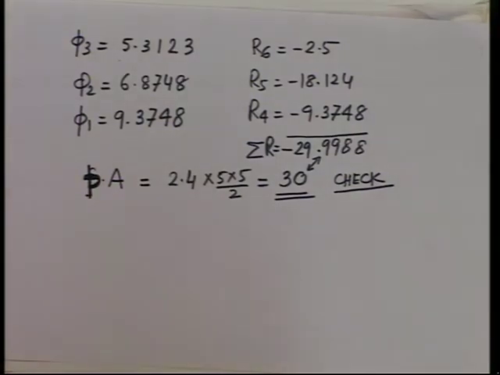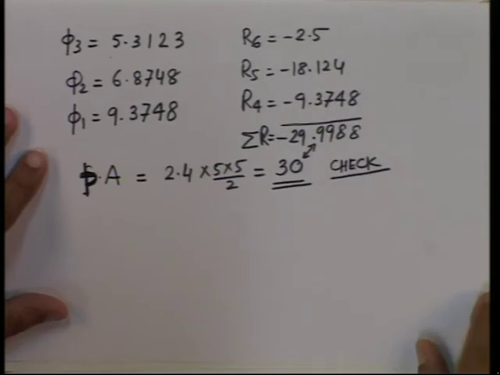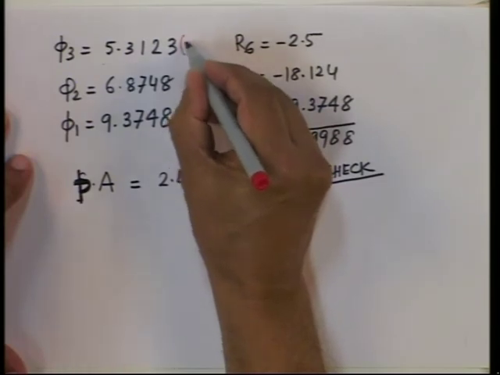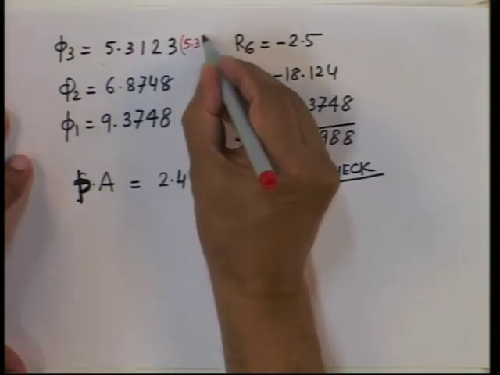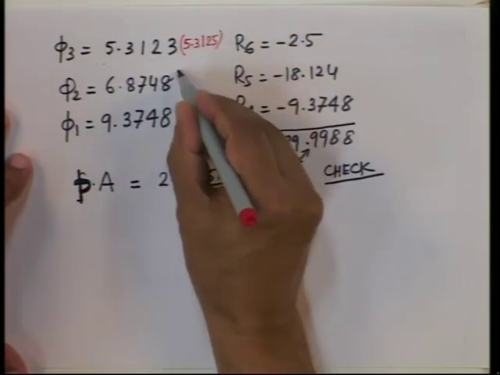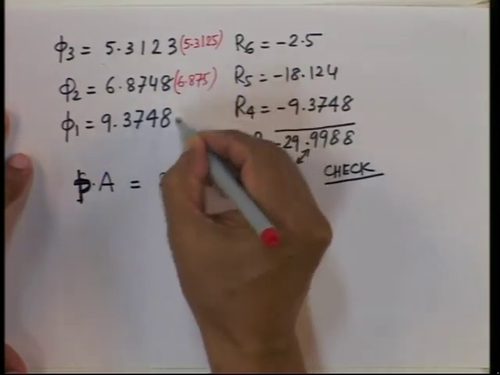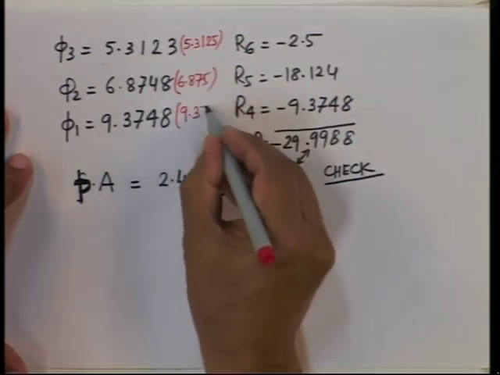Incidentally, this problem has an exact solution. It has been taken from an exact solution, which means it has been solved analytically, not numerically. The analytical solution is 5.3125, this one is 6.875, and this one is 9.375.